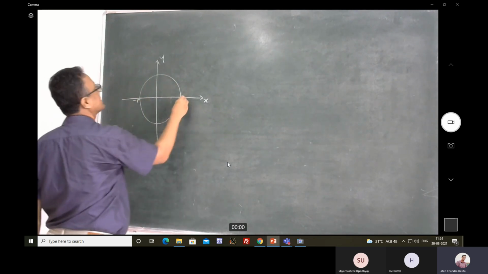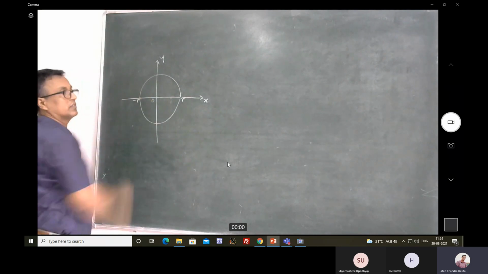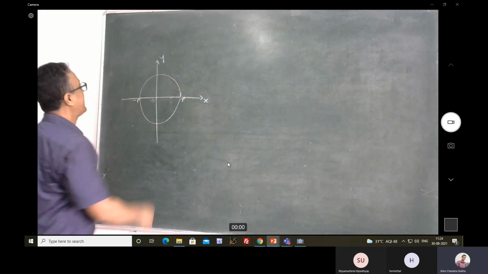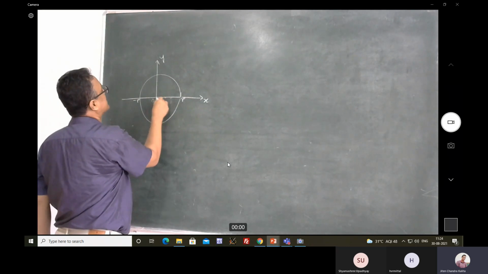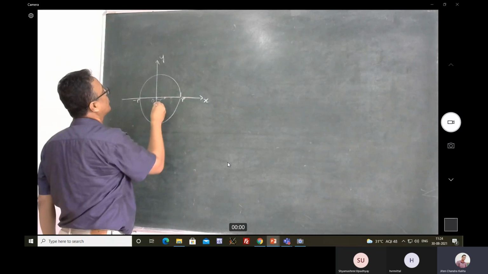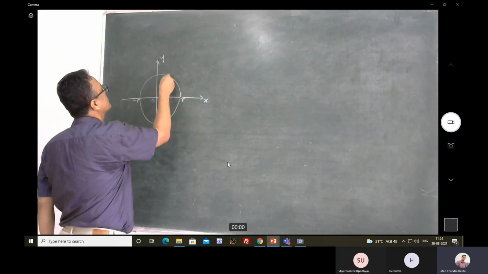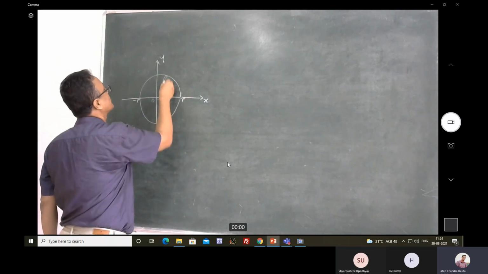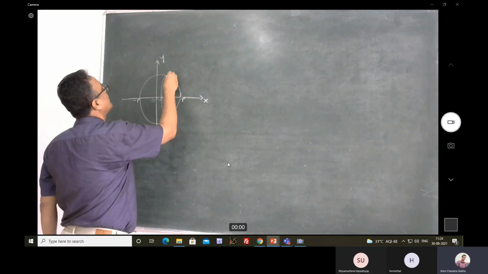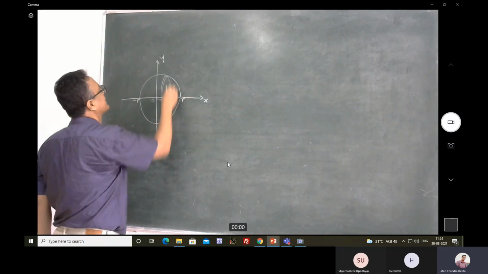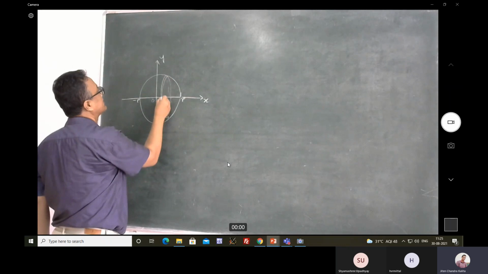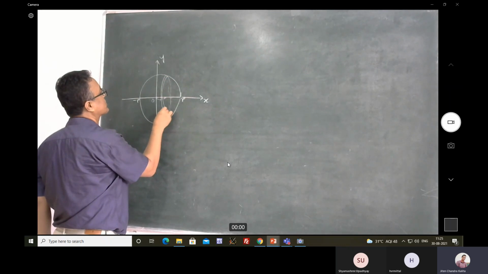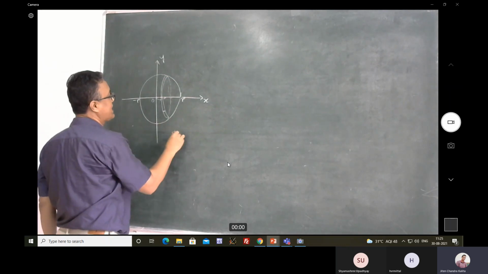So this is minus r, this is r, and this is the origin. Then, as before, at a distance x from O, we are going to consider a slice like a loaf of bread, and the width of this slice is delta x.